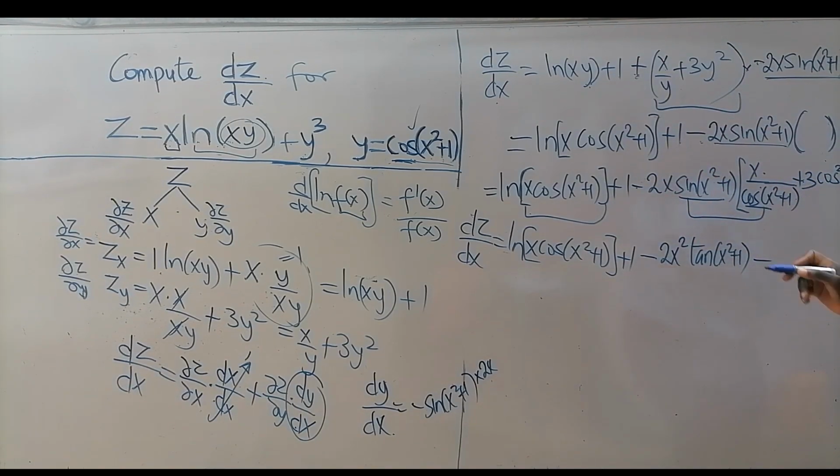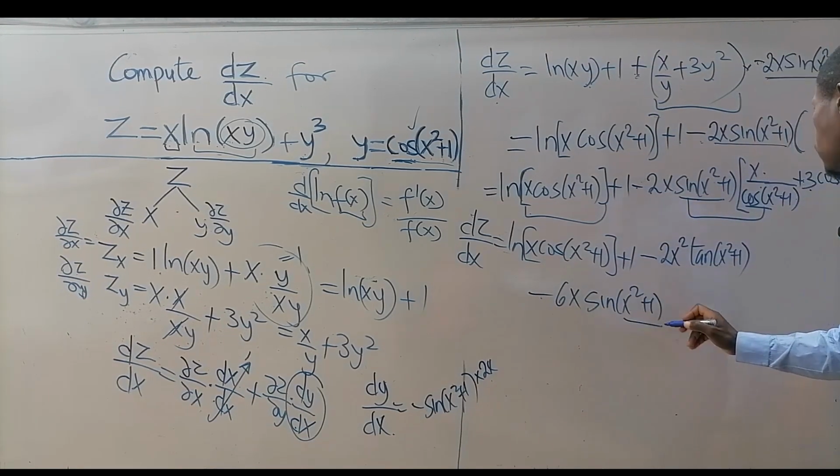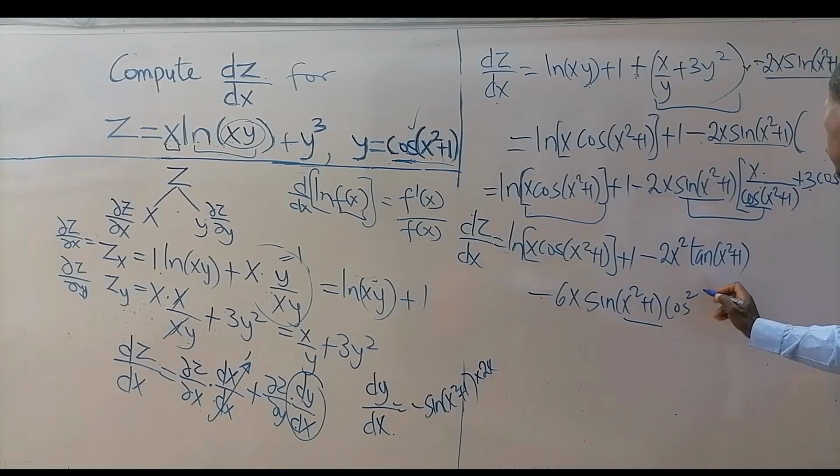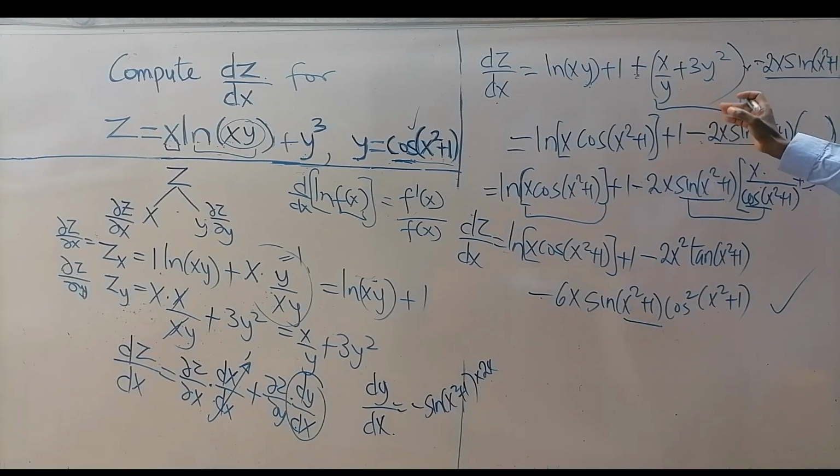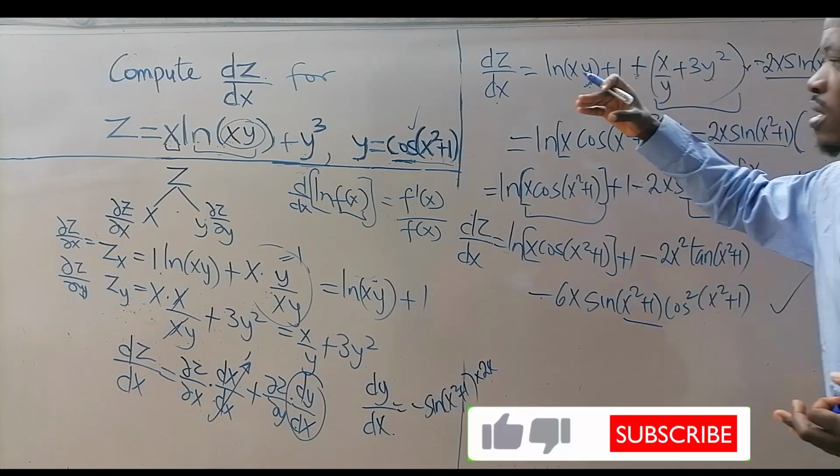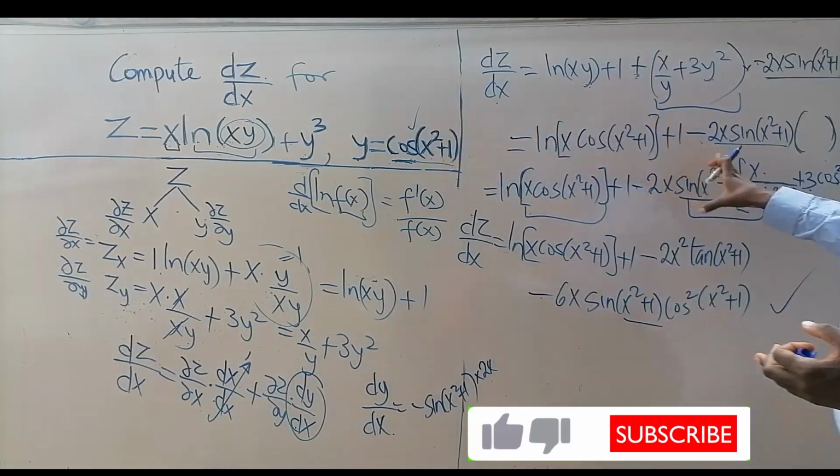Then we have 2 times that 3, 6x, and this times sine of this function, and then cos squared of x squared plus 1. So that's that on this. And what we did when we were here, we had two variables. We just tried to make it a single variable, and then we plugged in for y in our answer.